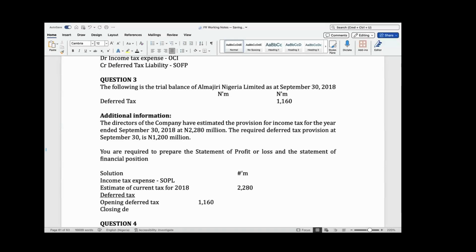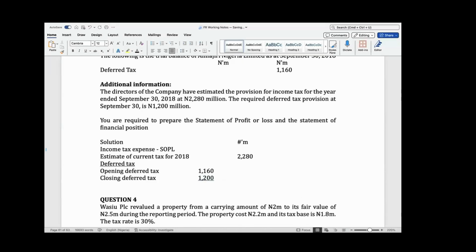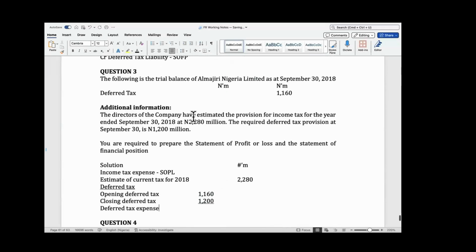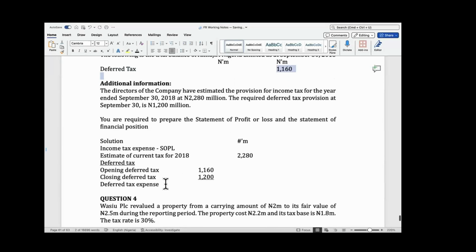My closing deferred tax is done at the end of the year, and it will be found in the additional information. So there is an increase in deferred tax, which will be a deferred tax expense. They didn't tell me whether it's a deferred tax asset or liability, but I can figure it out because it's on the credit, so it's a deferred tax liability. So I have an increase in deferred tax of 40.